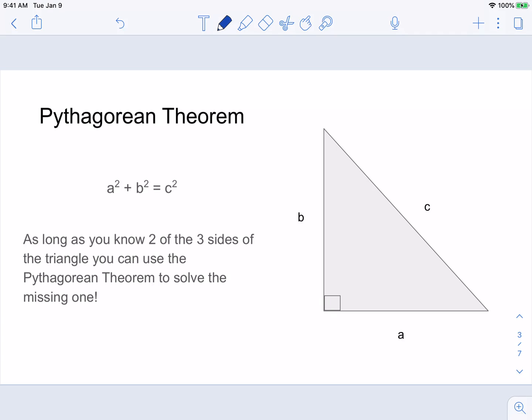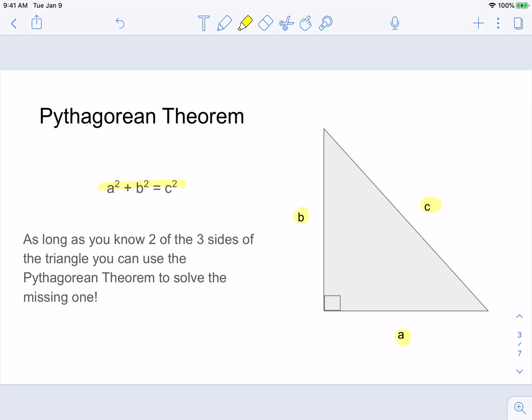If you take a look at my triangle to the right, I have A being used as a variable for one leg, B is the variable for the second leg, and C is the variable for the hypotenuse. A and B, it doesn't matter which leg they're on, but C always has to be the hypotenuse the way we have the Pythagorean theorem written out.